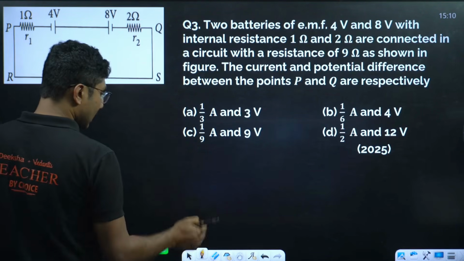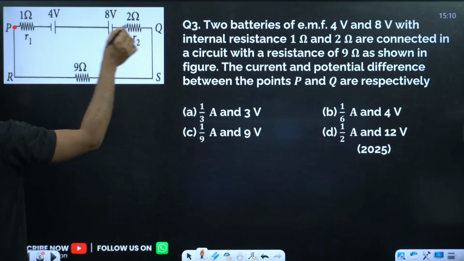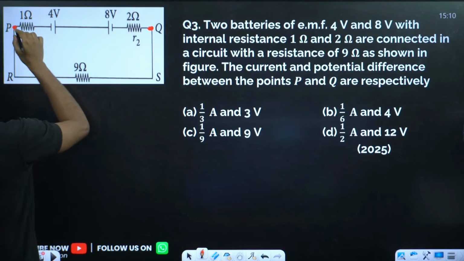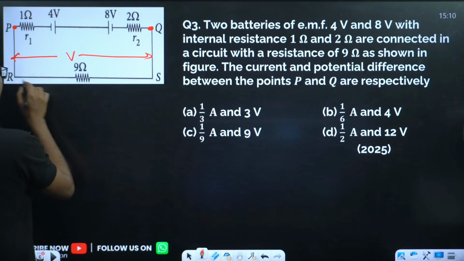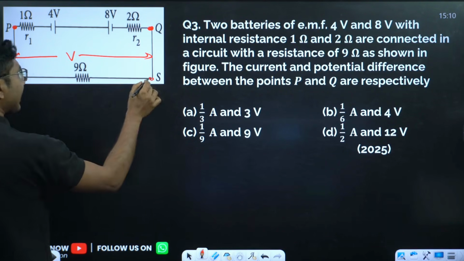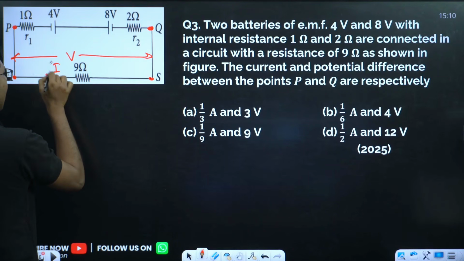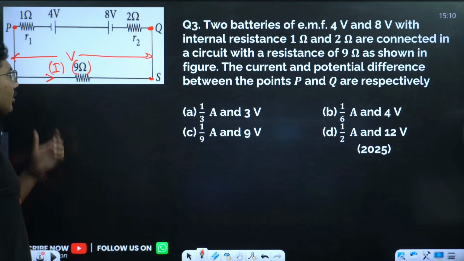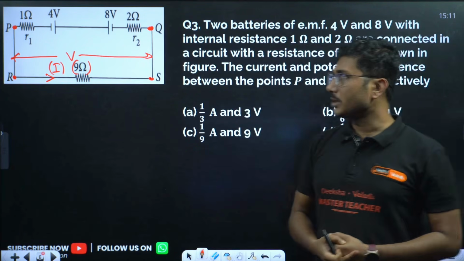So basically in this problem, here we have point P and point Q. Whatever the potential difference between these two points, the same potential drop will be between R and S. So if you can somehow find the current in the circuit, and if you multiply this current with this 9 ohm, you will get the voltage drop across the combination of the cells.